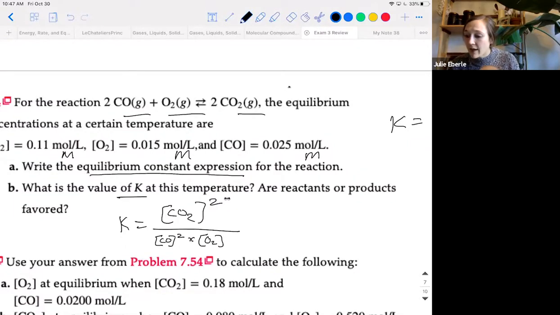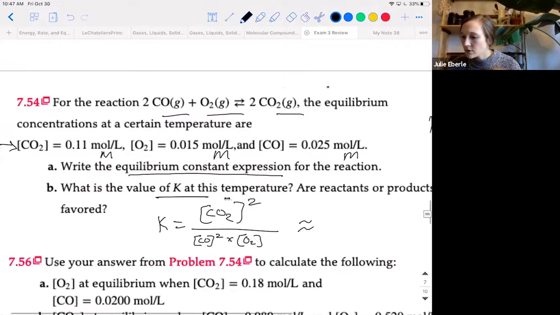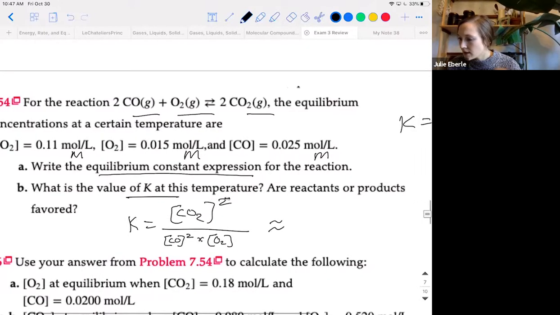Now, what is the value of K? Now we're going to plug everything in and solve and get a number. So let's rewrite the equation with our concentrations given to us in this row. CO2, which goes on top, is 0.11, and we're going to square that value. On bottom, we have CO is 0.025.